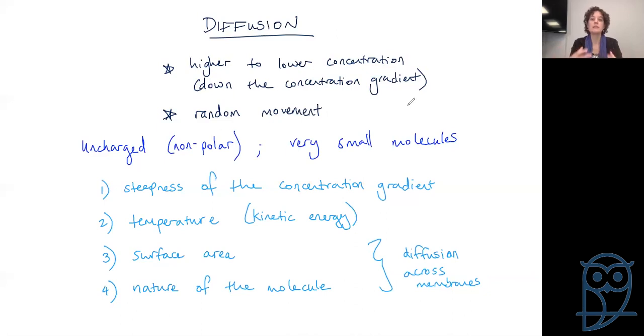Okay, so let's now step this up to what about things when it doesn't work so well? We know a bit more about the structure of the cell membrane now. So let's step up our understanding of movement across it. And we're going to do that by looking at facilitated diffusion.